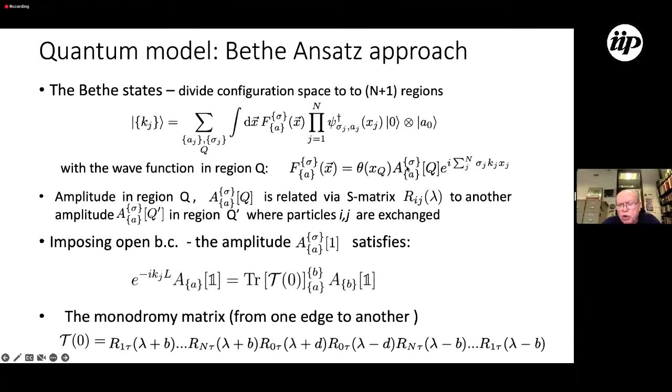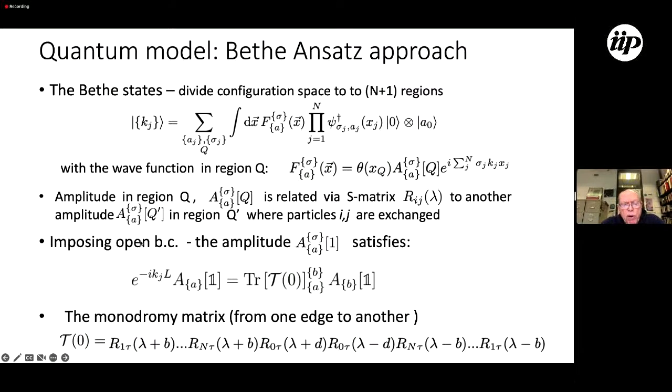And what we have to make sure is that when two electrons cross, there will be an S matrix which relates one region to the other, which we determine from the Hamiltonian. And we can then show that this procedure is consistent if the S matrices that we derive from the Hamiltonian satisfy certain conditions called the Yang-Baxter relations.